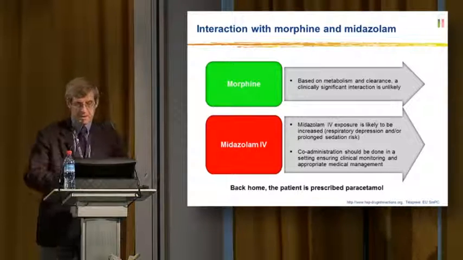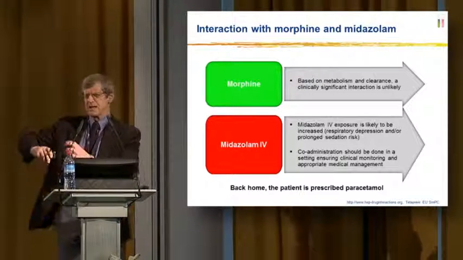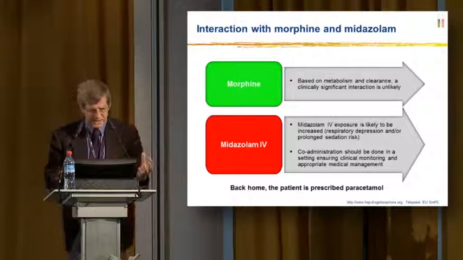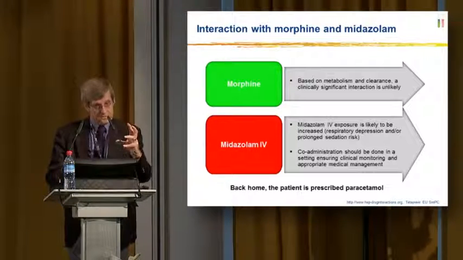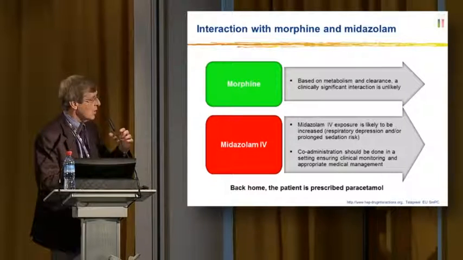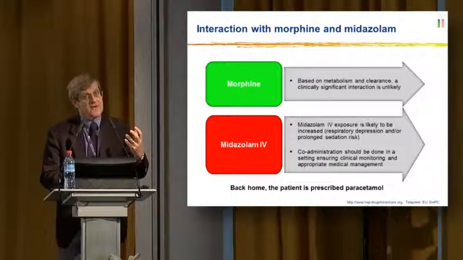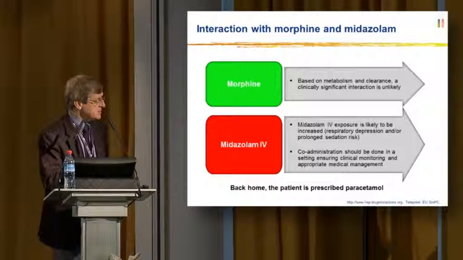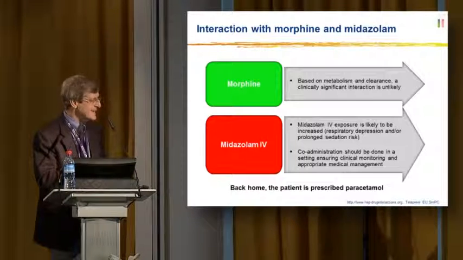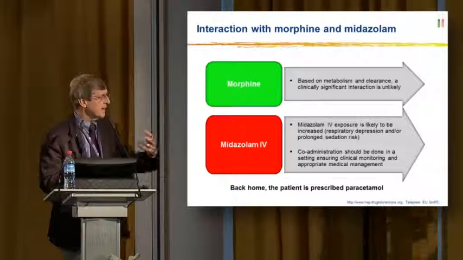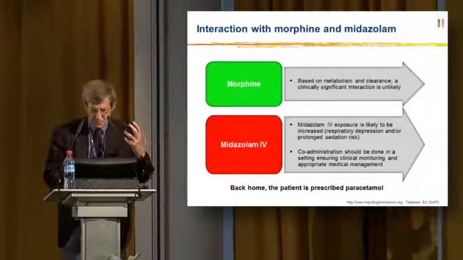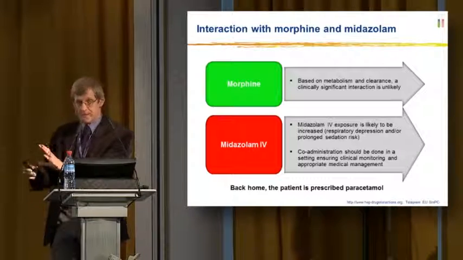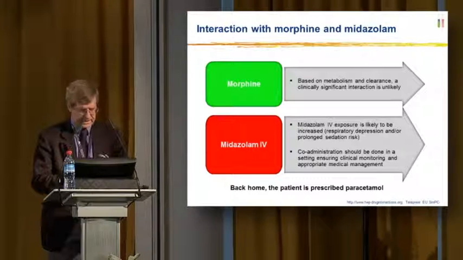So morphine, based on the way the drug is handled, an interaction is not expected. But with intravenous midazolam, we have to consider that an interaction will be anticipated, and co-administration should be done in the setting of monitoring and appropriate management of that patient. And so one interaction could be expected, another not expected.